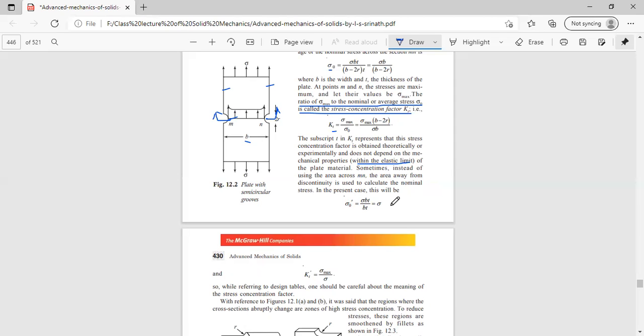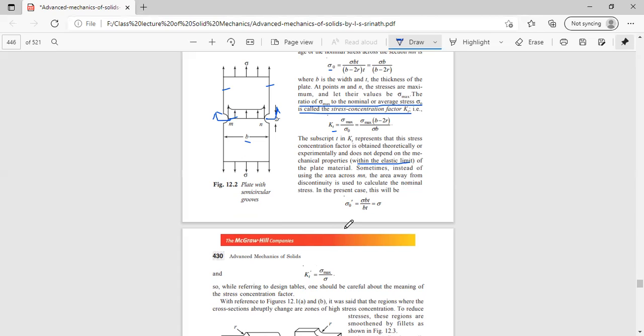So in that case, if we think of a certain area other than the stress concentration area MN, the nominal stress will be equal to the stress induced. Thus, we can convert this equation: KT dash is equal to sigma max divided by sigma itself. So while referring to design tables, one should be careful about the meaning of the stress concentration factor.